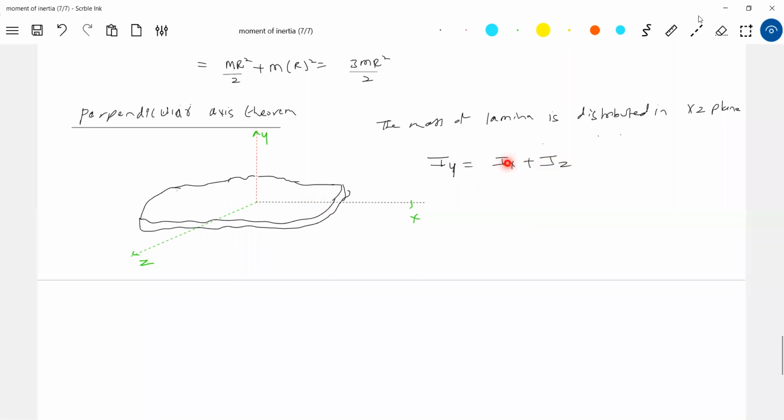So definitely Ix and Iz, how they should be? They should be about an axis that is parallel to the plane or tangential to the plane. So this is one condition.